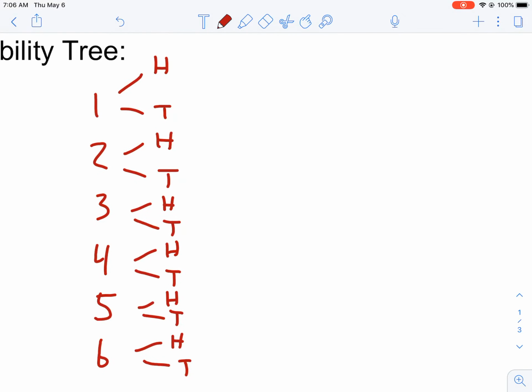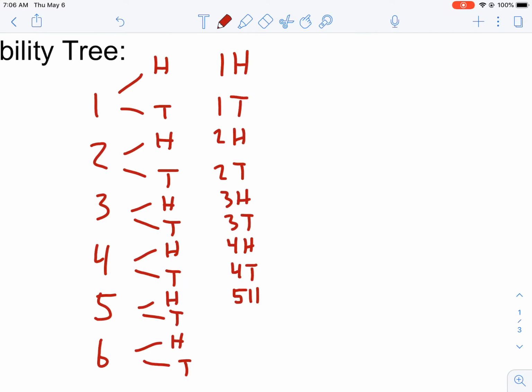I know this one isn't that hard to figure out, but it's good to show examples with easy things. So we got 1 heads, 1 tails, 2 heads, 2 tails, 3 heads, 3 tails, 4 heads, 4 tails, 5 heads, 5 tails, and 6 heads, 6 tails. And all of those have equal probabilities of happening, okay?